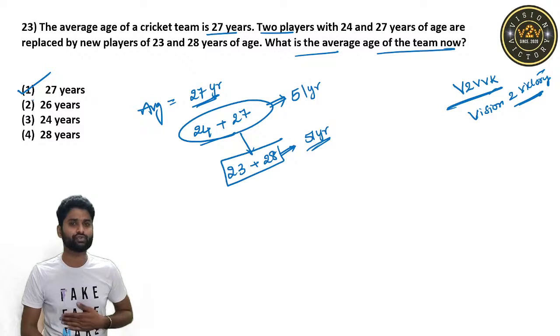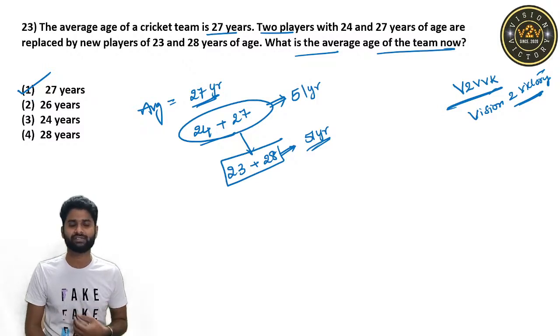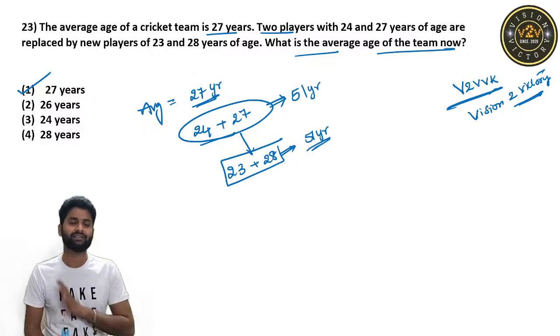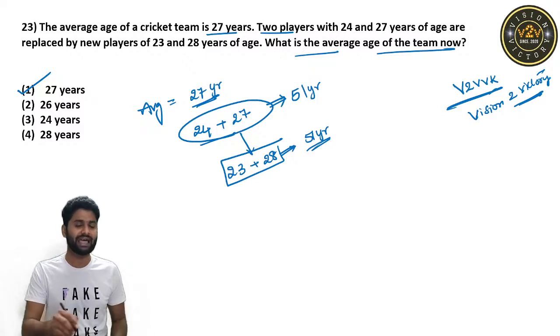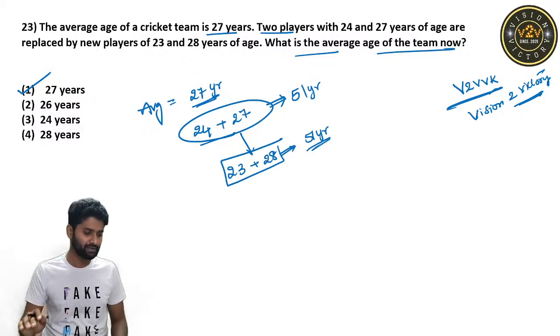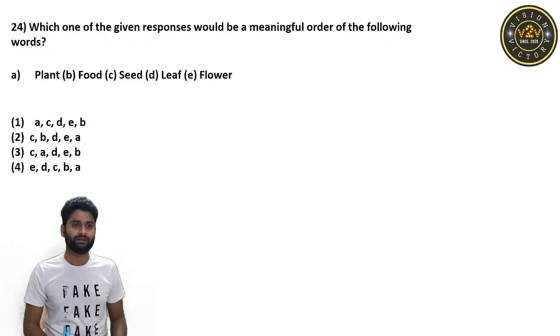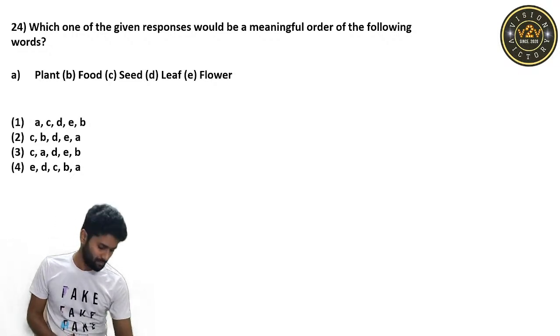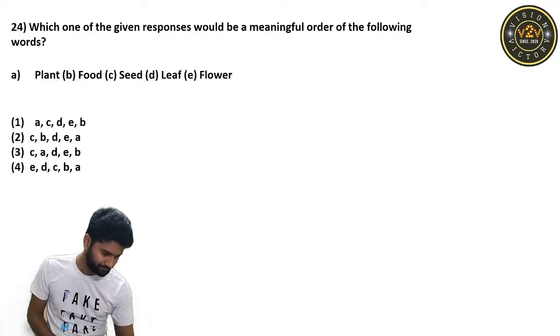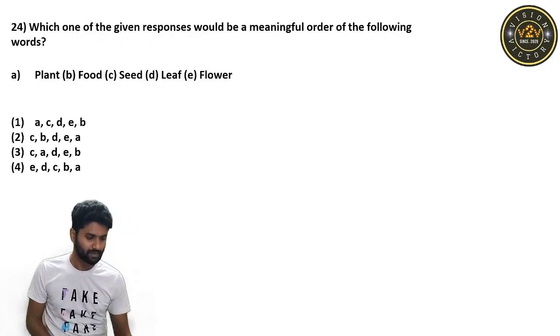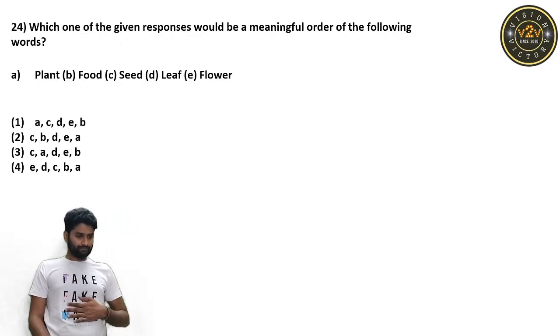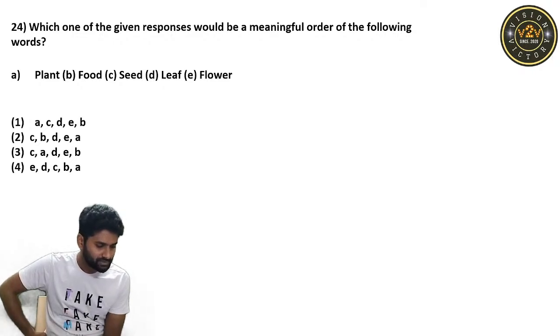Even if these two people, 24 and 27, are replaced with 23 and 28, there is still no change in the average. The average still remains the same.